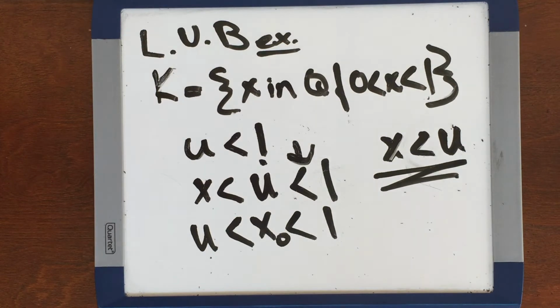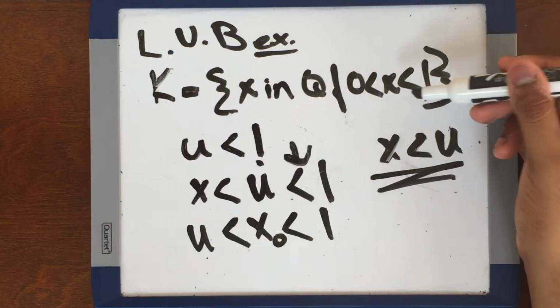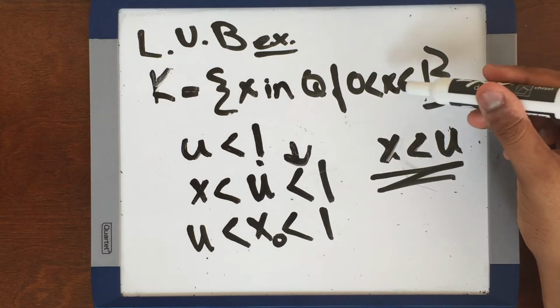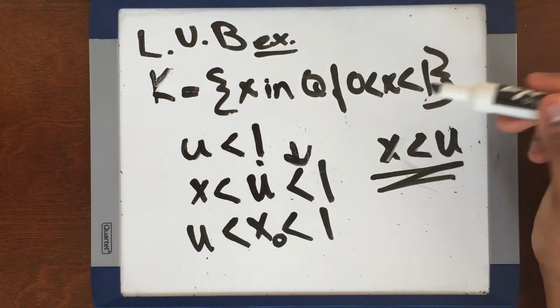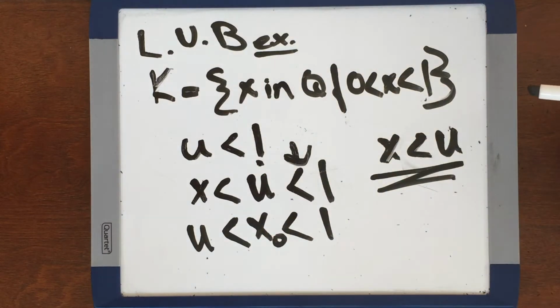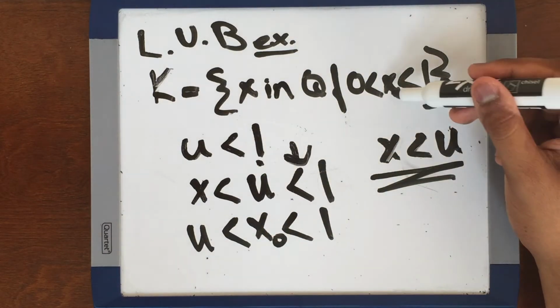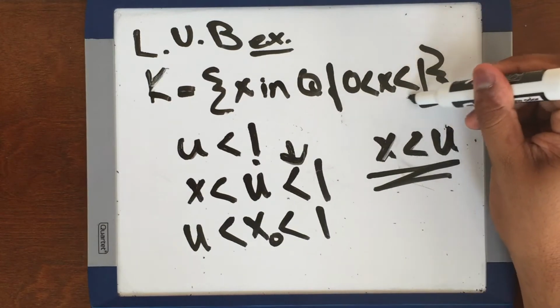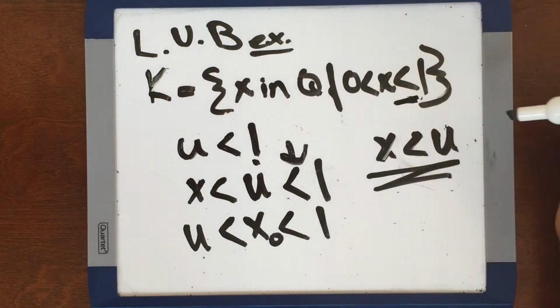Notice that in this example, 1 is in fact not in our set, because we constructed a set where X is less than 1 and not equal to 1. But we could have similarly constructed a set where X is less than or equal to 1, and we would have a least upper bound that is in our set and is greater than all the other points in our set. That's okay as well.